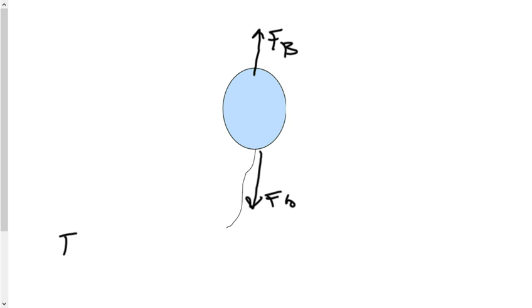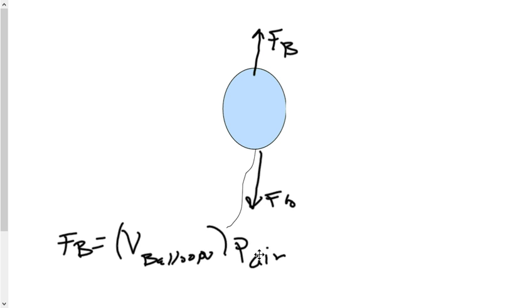The force buoyancy is going to equal the volume of the balloon, because the whole balloon is submerged in the atmosphere, multiplied by the density, this time of air, and that would be multiplied by G. So the weight of fluid displaced this time is the weight of air displaced, and the force gravity of the balloon is going to be found the same way.